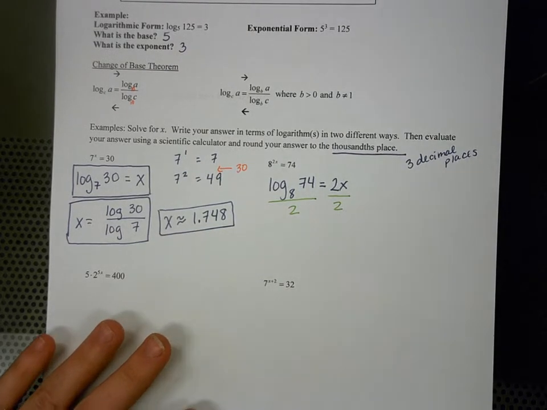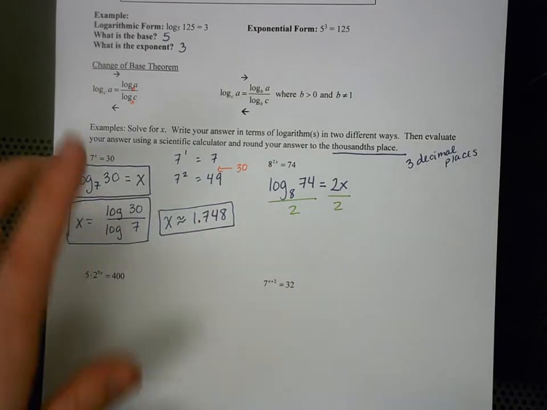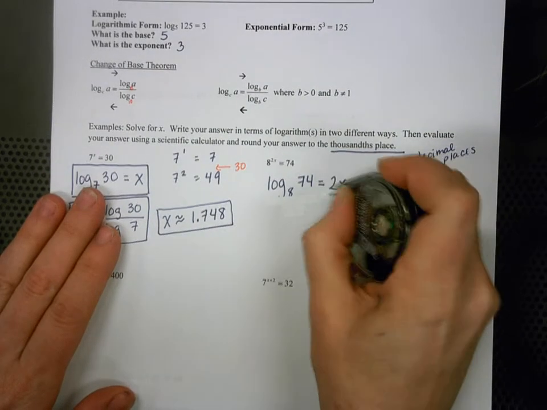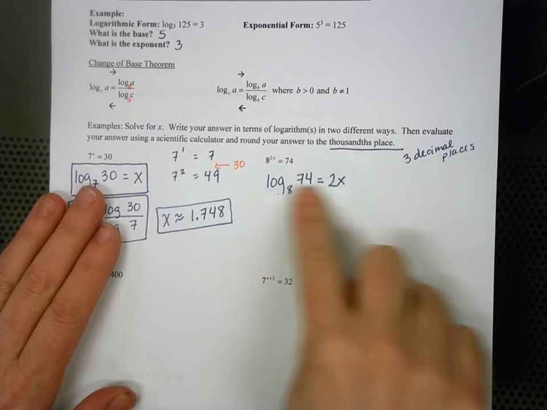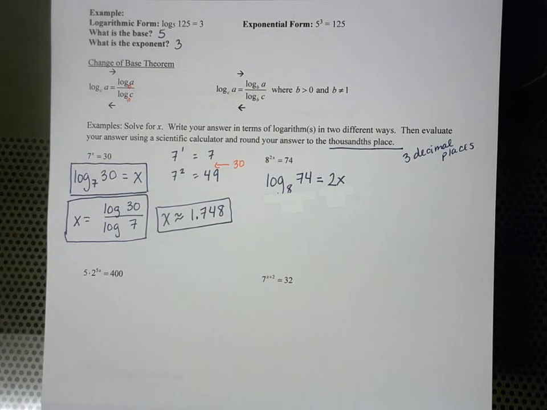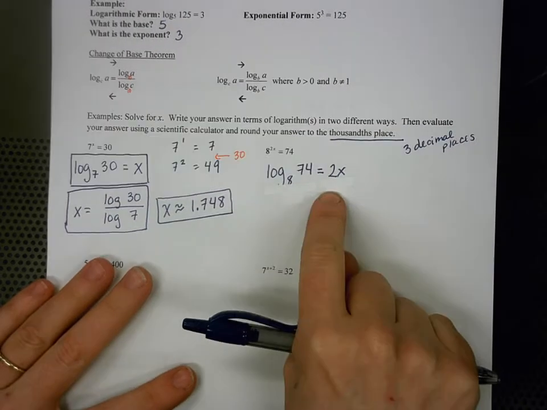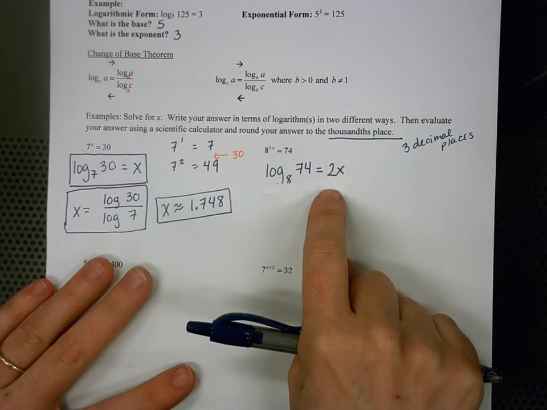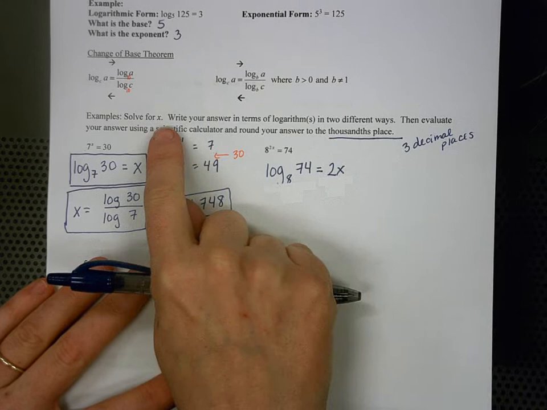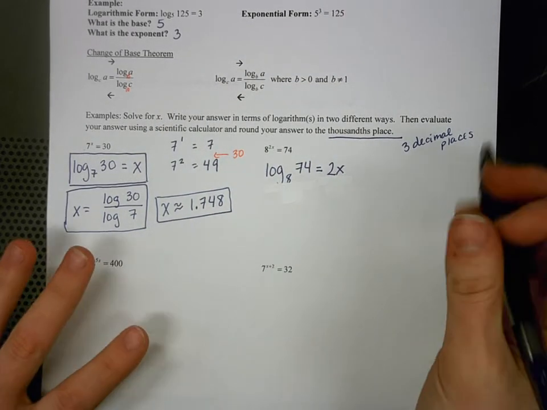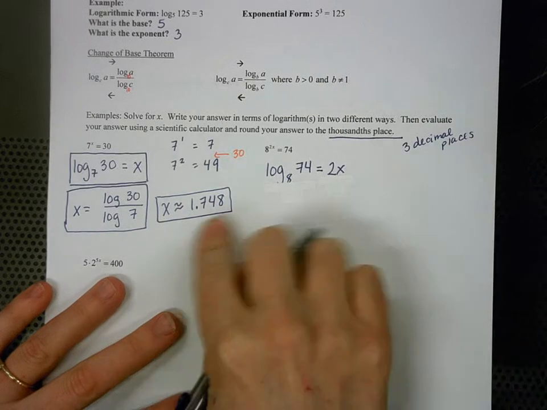Actually, let's go back. Because we can't divide the 74 and the 2, we're going to evaluate this first. So we're going to write our answer 2 different ways, but we're going to leave it as 2x instead of solving for x. It'll just help us before the end.